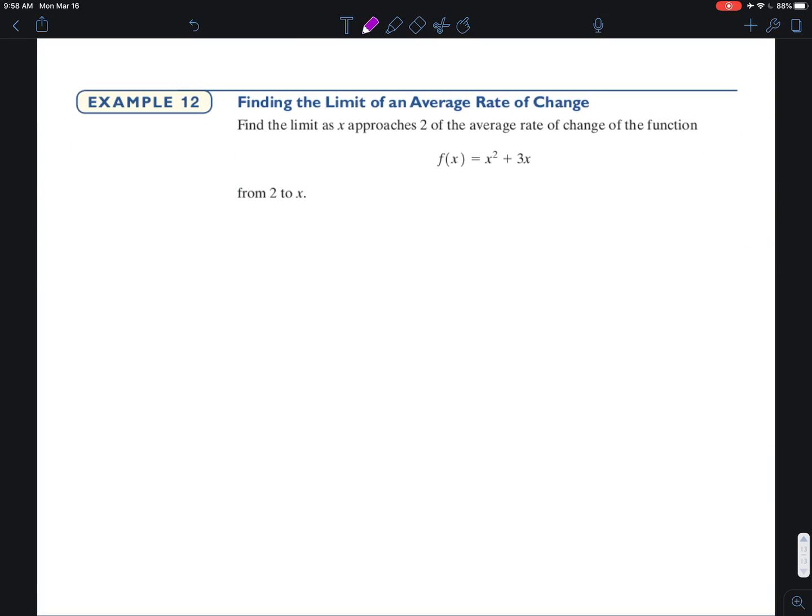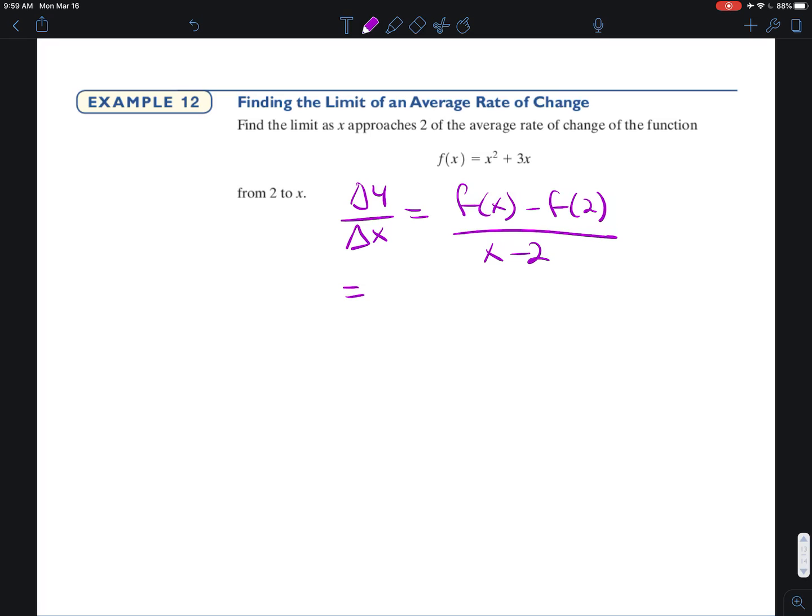The last one for our notes here is the average rate of change, which, remember, is simply the change in y over the change in x, which is equal to the difference of the y's from x to 2, so f of x minus f of 2 over x minus 2.